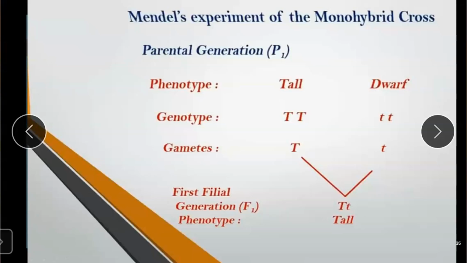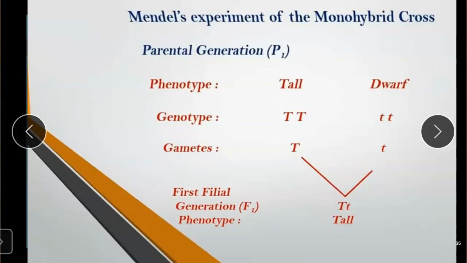And small tt means a pair of genes of the other parent, who is small, dwarf. So TT and tt separate at the time of gamete formation. In the gametes of the P1 generation, one T from the two capital T's pairs with a small t.